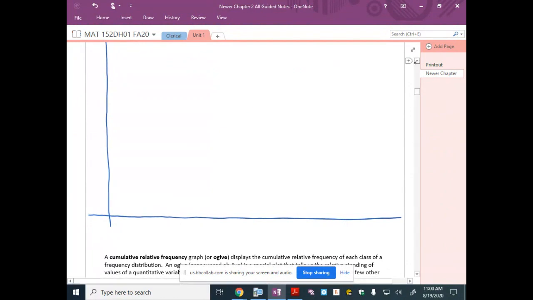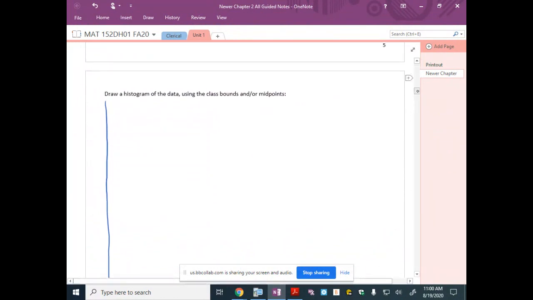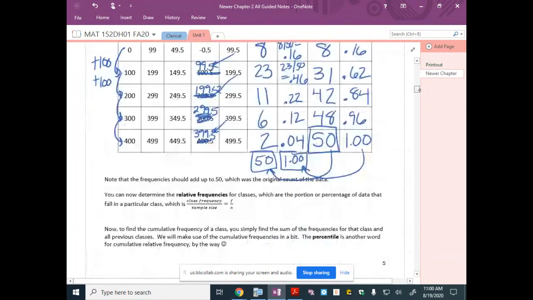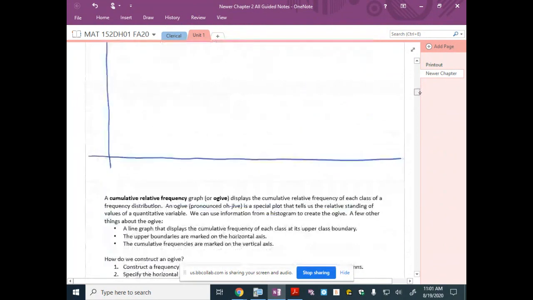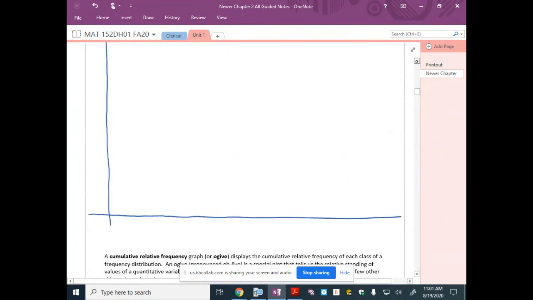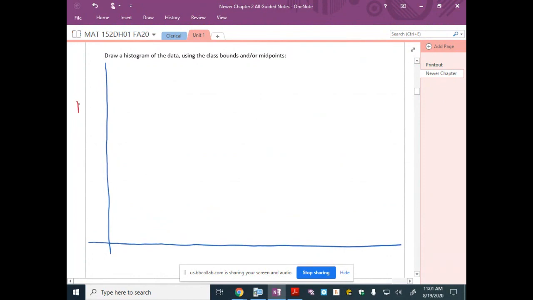So the highest frequency is what? 23. So the frequency will go on the vertical axis. We can go in fives here.